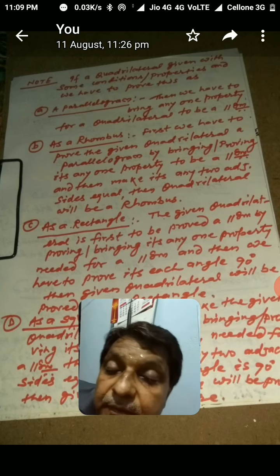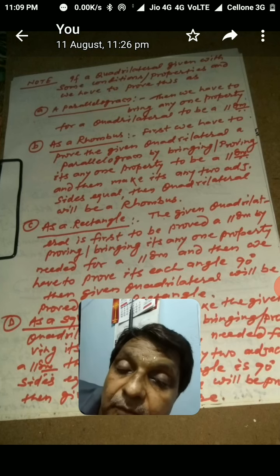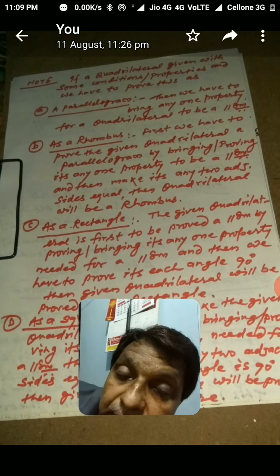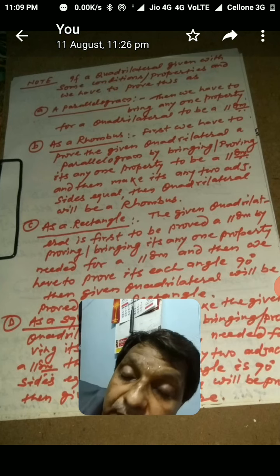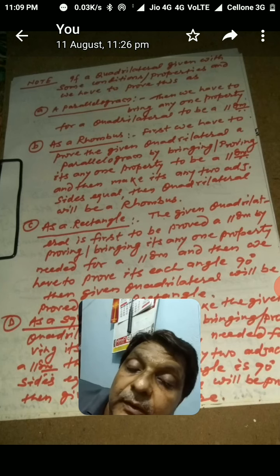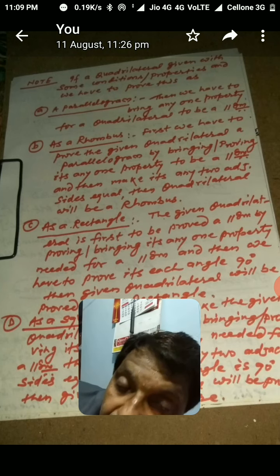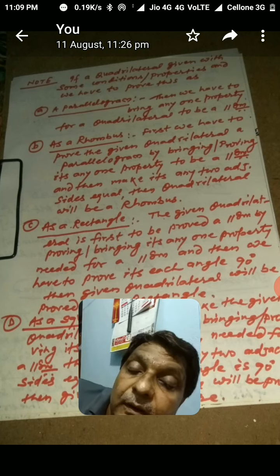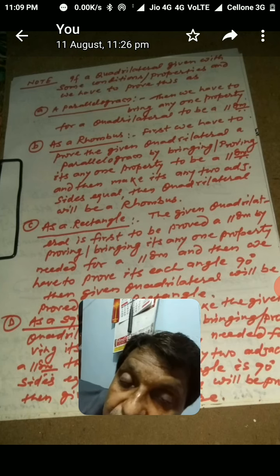Now to prove a given quadrilateral as a rectangle, what will we do? We will first prove it as a parallelogram by bringing any one converse property for a parallelogram, and then we will show that each angle is 90 degrees.